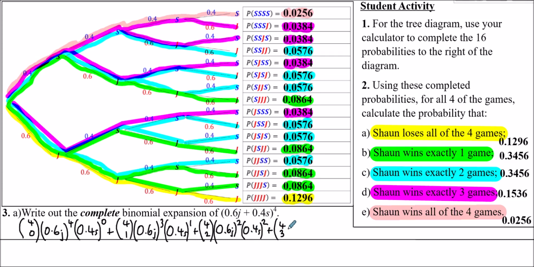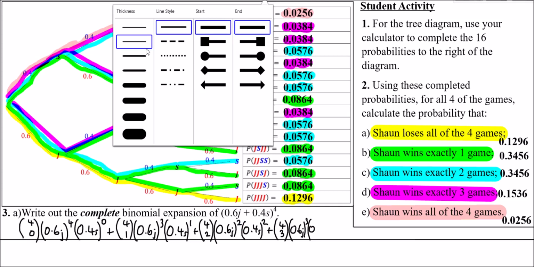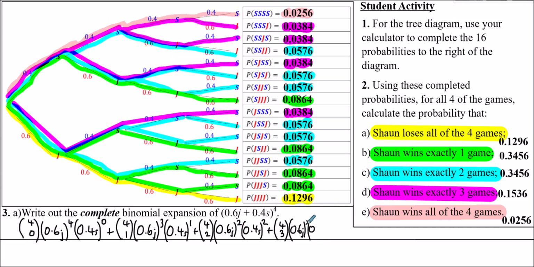Then 4 choose 3, 0.6j. Sorry, that goes down to a 1, my apologies. I'm trying to rush and I've made a mistake on the pattern, which is not good. That should be power 1, apologies. Then 0.4s is now to the power 3.